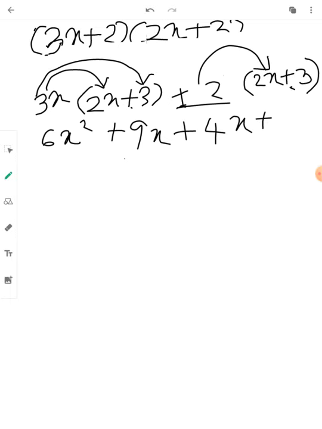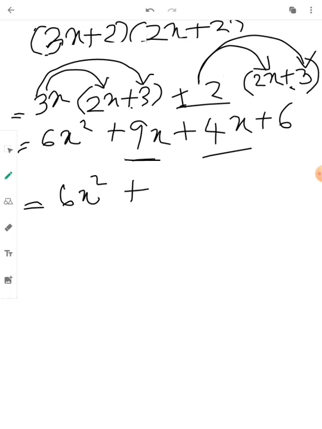Plus times plus is plus, 2 times 3 is 6. Now you could see these two are in terms of x, so you can rewrite this. Don't forget to put the equal signs. 6x squared plus 9x plus 4x is equal to 6x squared plus 13x plus 6.